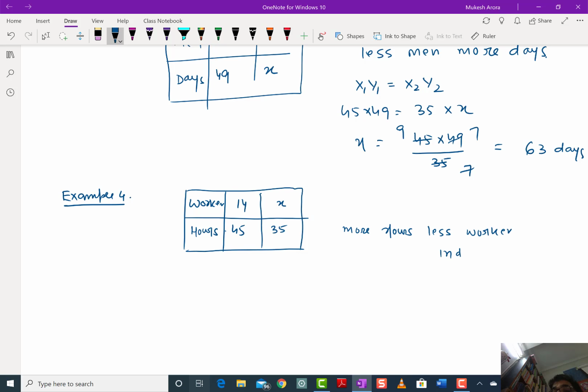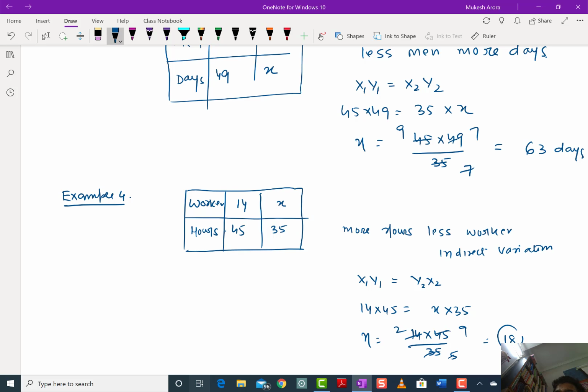So it is indirect variation. So x1 y1 is equal to x2 y2. 45 into 14 is equal to x into 35. x is equal to 14 into 45 by 35. 5 sevens are 35, 9 fives are 45. So the answer will be 18 hours.